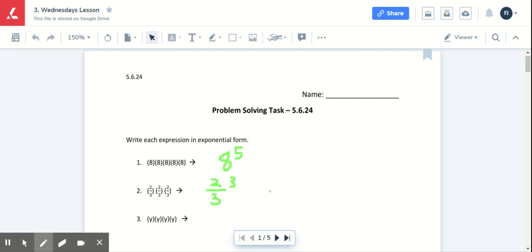What's the base for number 2? The base is 2/3. What's the exponent? The exponent is 3. And what does the exponent tell us to do? It tells us to multiply 2/3 3 times.